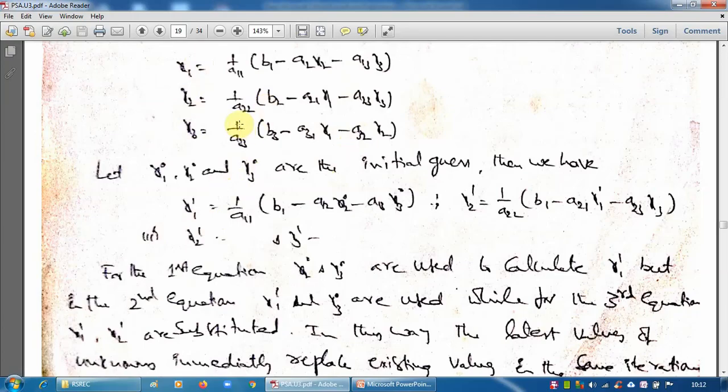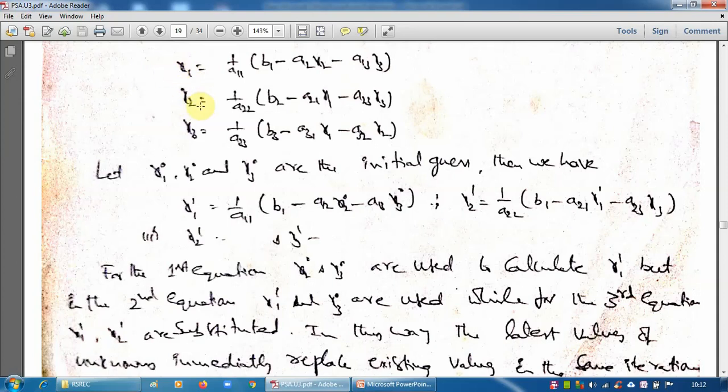You proceed like this, second iteration, third iteration, and so on. Up to what point you have to calculate these iterations? At each iteration you have to check the difference of the values x1 1 and the previous value x1 0.